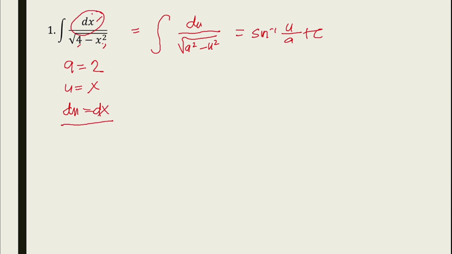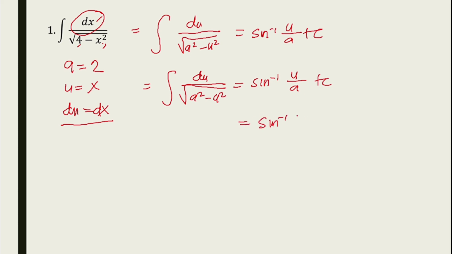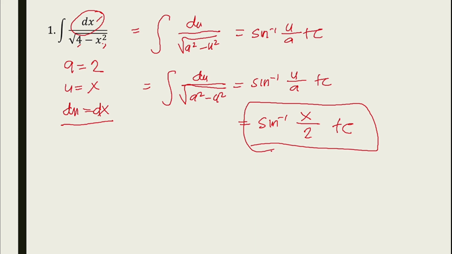So the answer in this part is the integral of du over the square root of a squared minus u squared, which is equal to inverse sine of u over a plus c. What is u? Inverse sine of u is x over what is a, which is 2, plus c. So therefore, the result is inverse sine of x over 2 plus c.